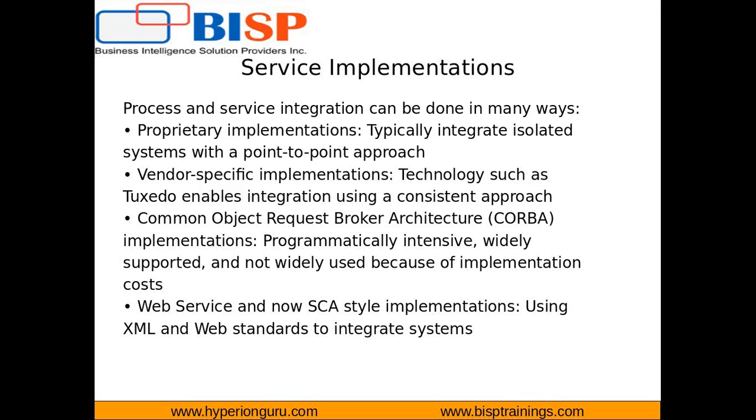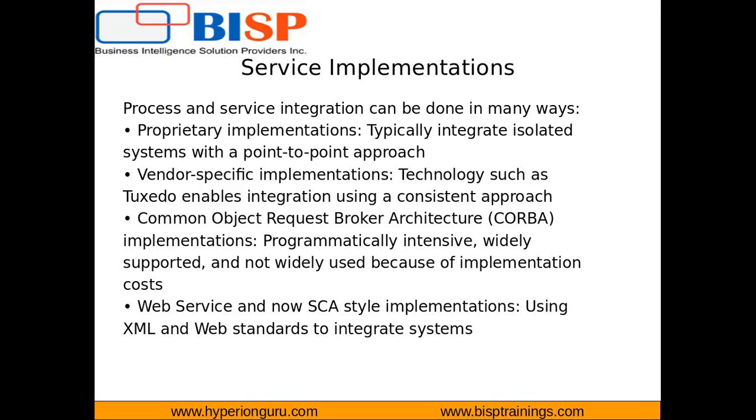There are vendor-specific implementations, say using technology like Tuxedo, which enables integration with a consistent approach. So it's not that SOA just came out of the blue. There has been a constant direction developed with multiple options, which has led us to this.